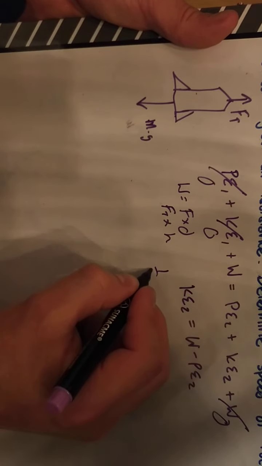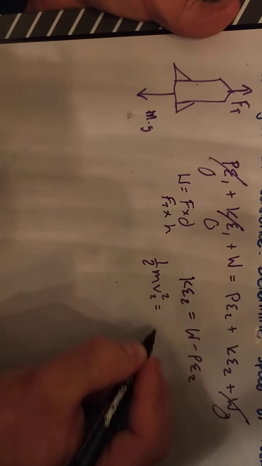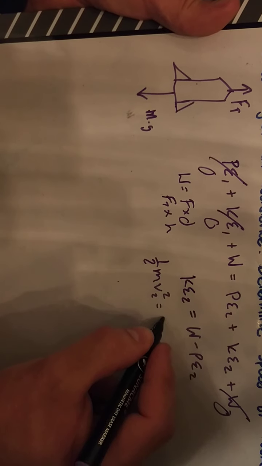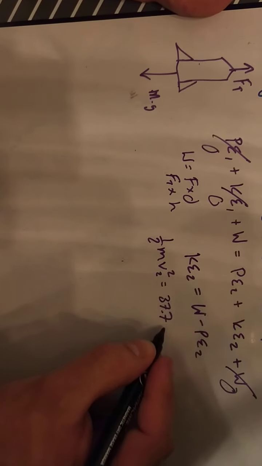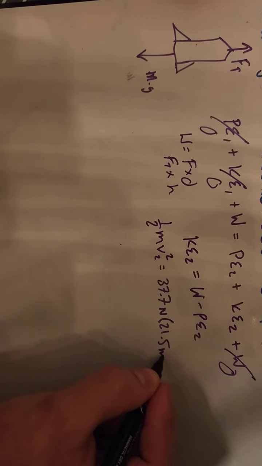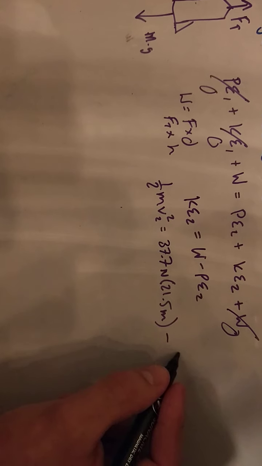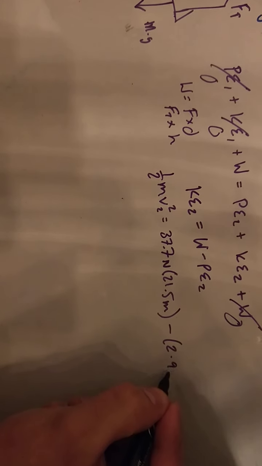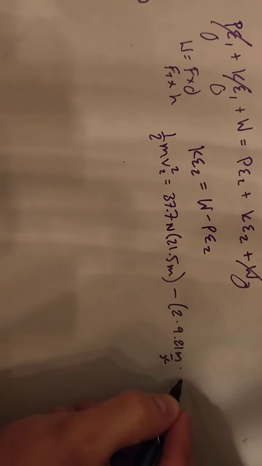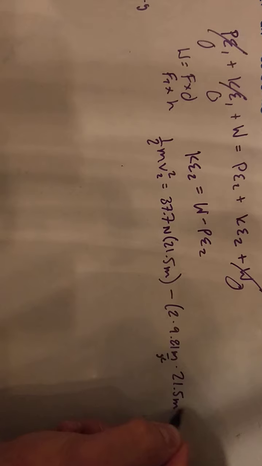So that is going to be 1/2 mv squared equals 37.7 newtons times 21.5 meters, thrust work, minus 2 times 9.81 meters per second squared times 21.5 meters.